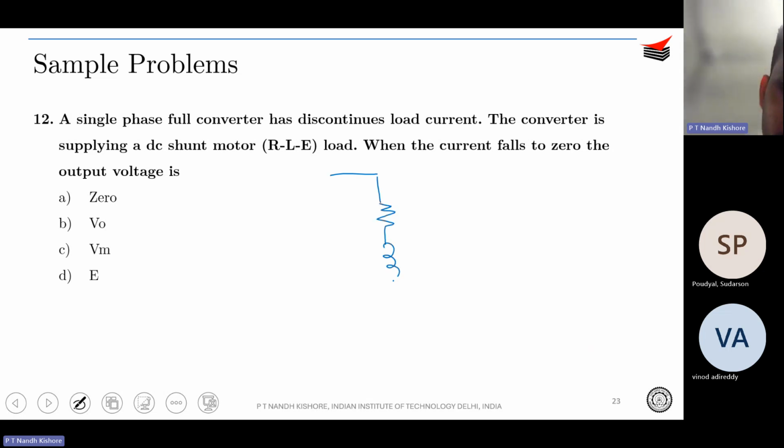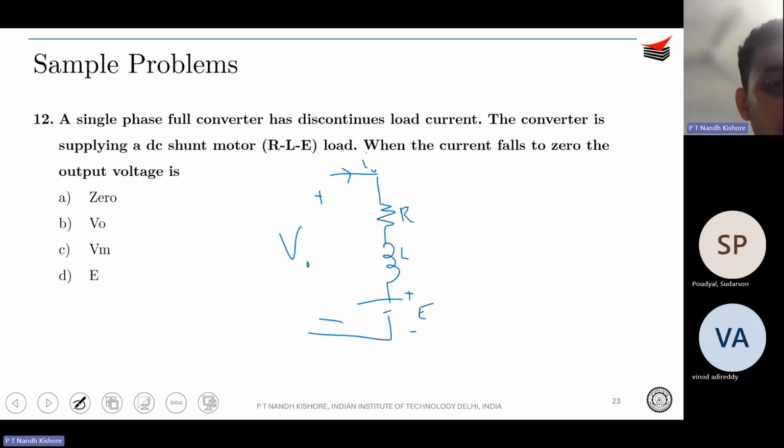So you have R, L, and E. So V naught is there, I naught is there, R, L, and then E. When the current falls to zero, what is the output voltage? E, sir, it will be E. Obviously, because current is zero, there is no drop across the resistor, and there is nothing across the inductor as well. Therefore, the output voltage will be E. Good.